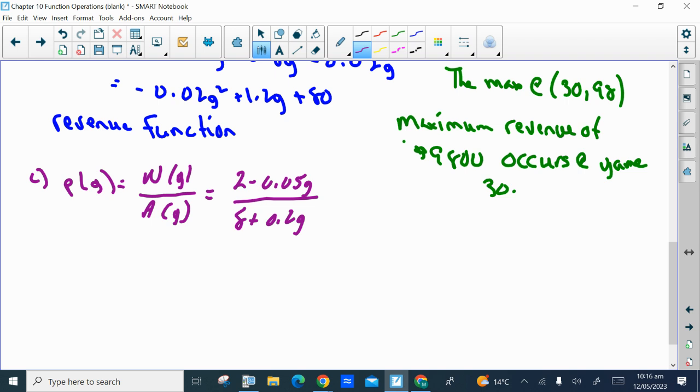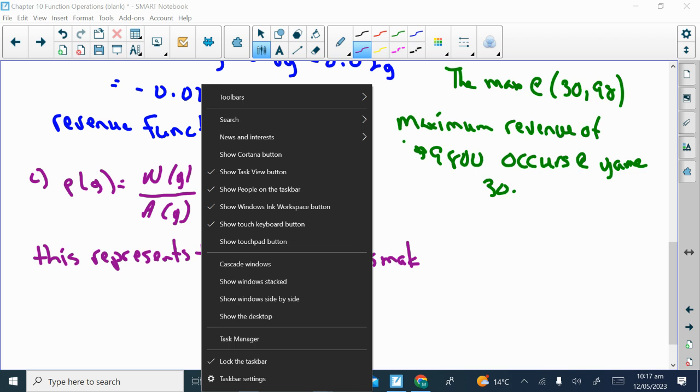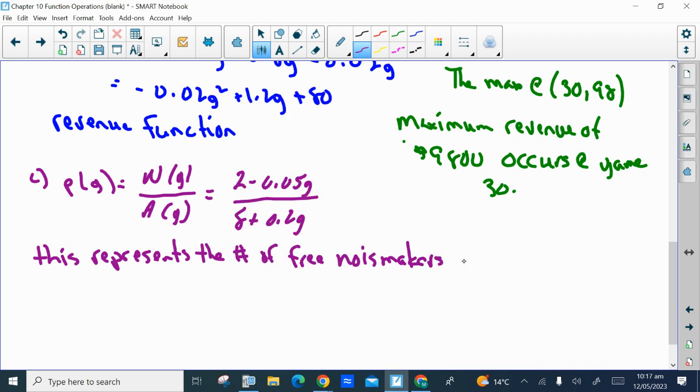It'll give us the number of free noisemakers. So this represents the number of free noisemakers that will be given out divided by the number of fans attending.